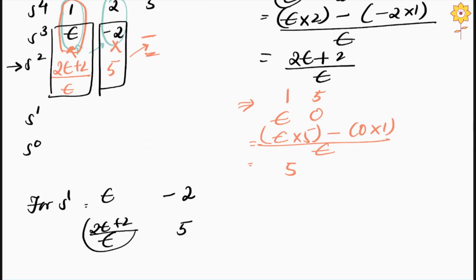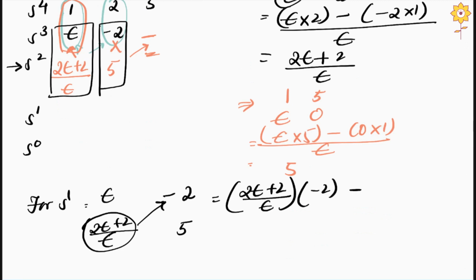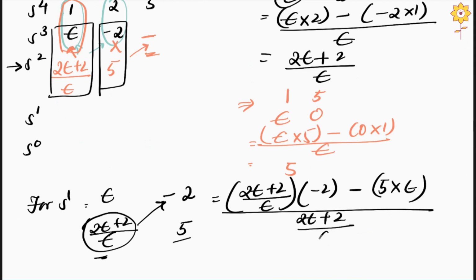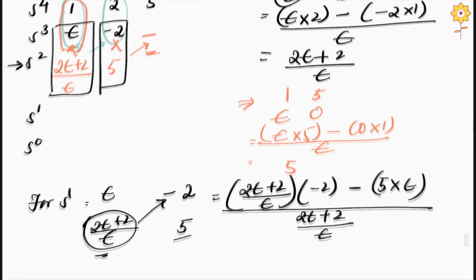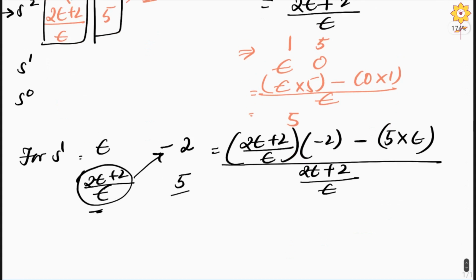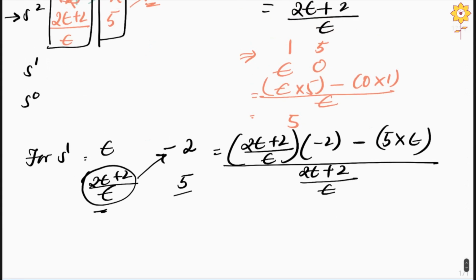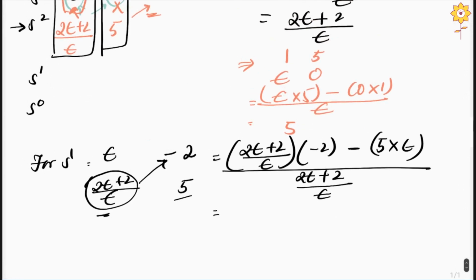We start cross multiplying starting from here. So, we have 2 epsilon plus 2 upon epsilon into minus 2 minus 5 into epsilon, upon this number, that is 2 epsilon plus 2 upon epsilon.